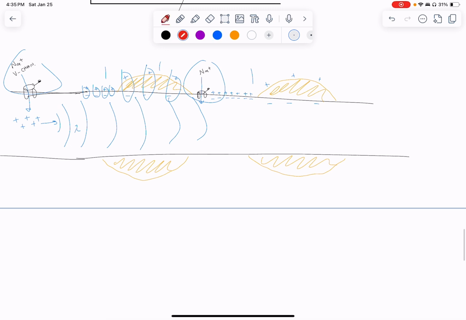For example, a lot of the times, even the size of the axon can affect the length constant. Because if you have a larger width of an axon, these little proteins in here that naturally sit in between the membrane have a negative charge.